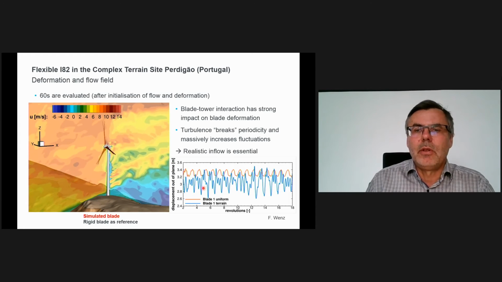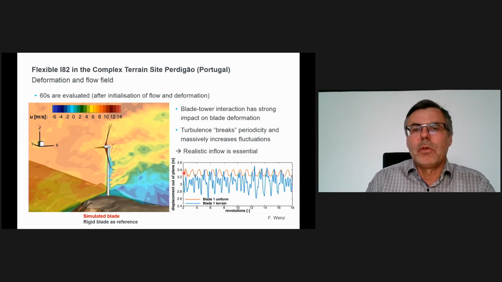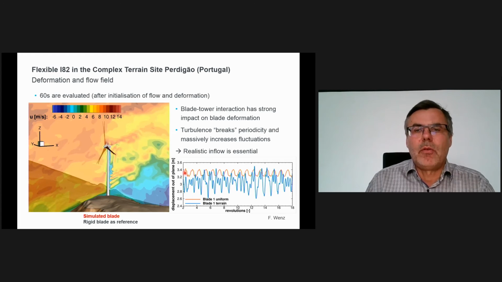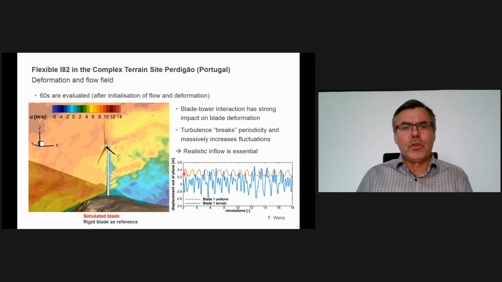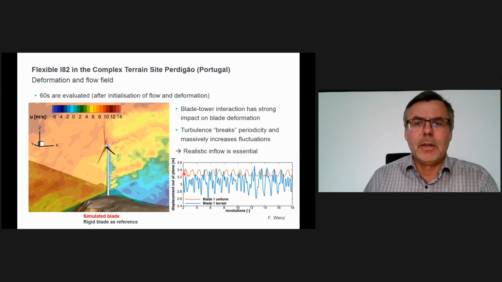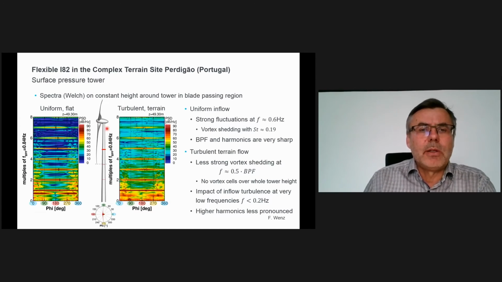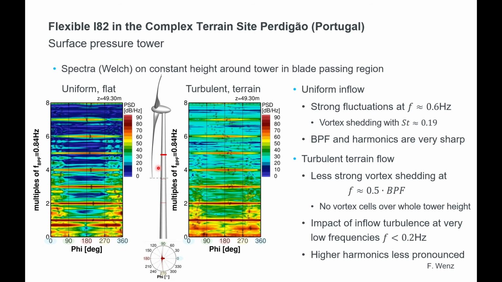Here you can see the tip deflection shown in blue compared to the predicted tip deflection for uniform inflow and flat terrain. So a strong impact, and of course that also shows in the next evaluation, which is the surface pressures on the tower but also on the blade, in order to derive information about the low frequency noise emission.